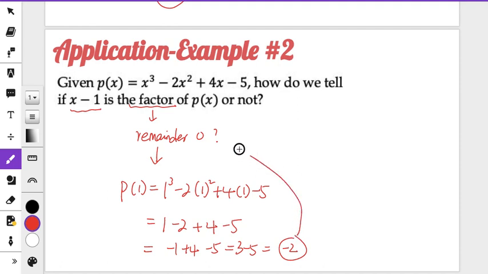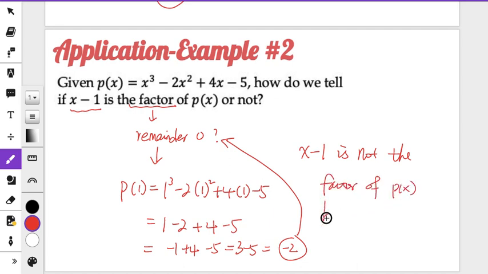We go back to the discussion here. Do we have a 0 remainder? We do not. So the conclusion is x minus 1 is not a factor of p of x because the remainder is not 0.